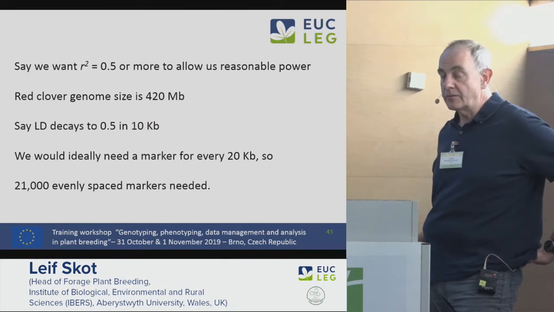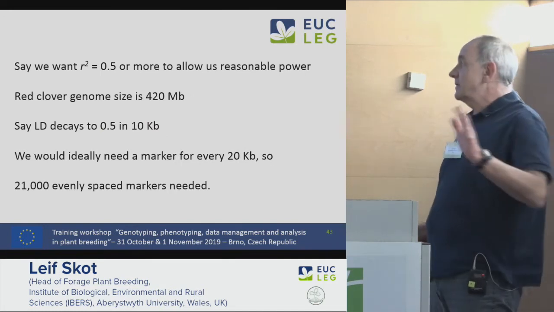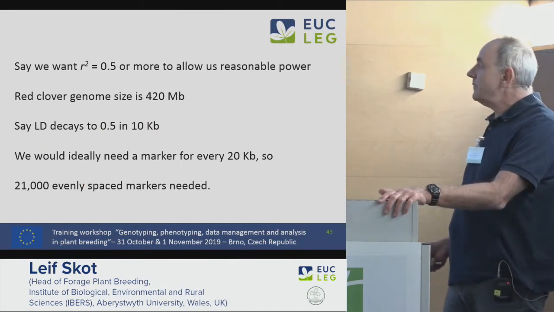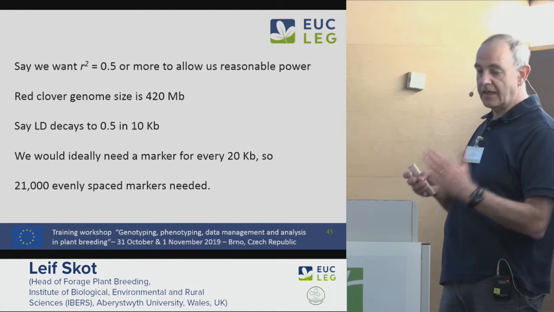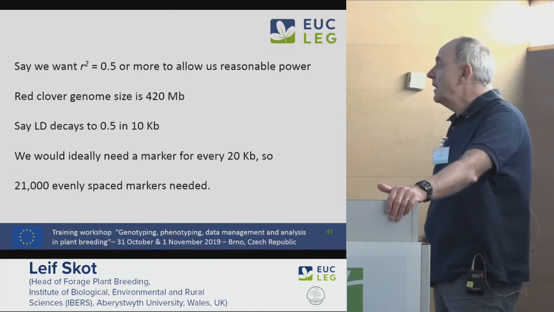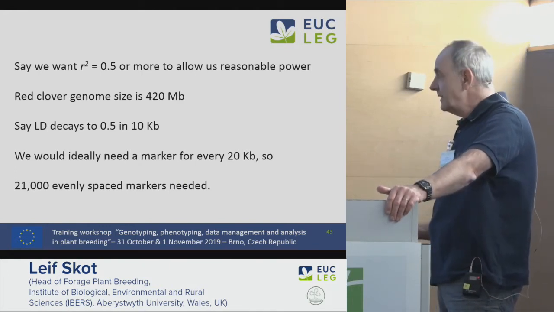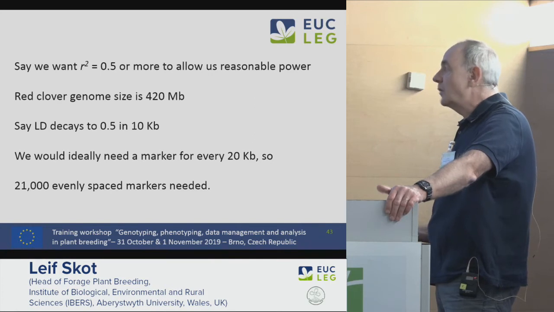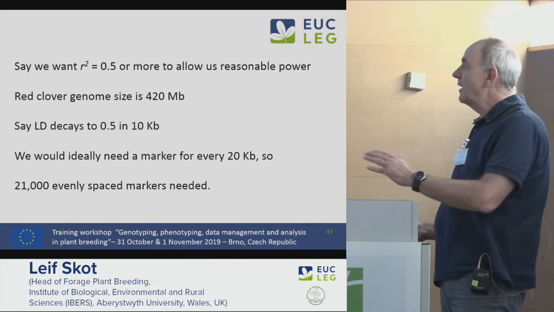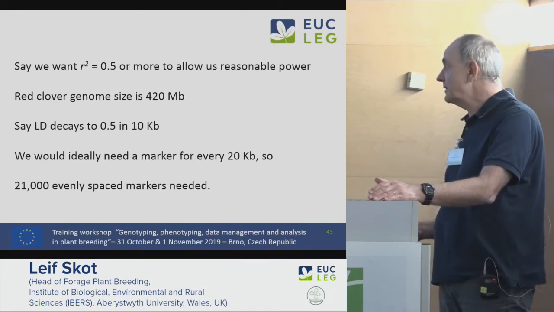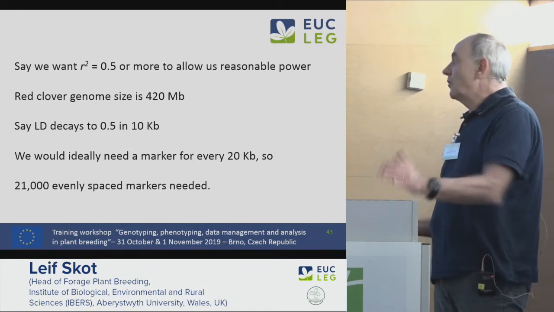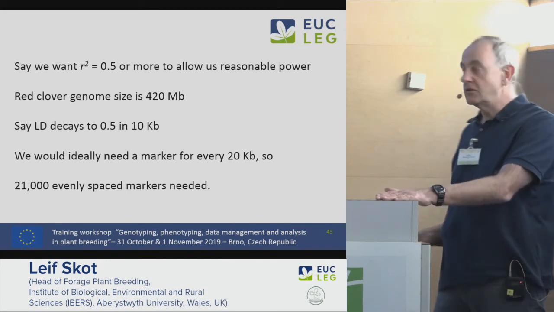I think that might be optimistic, but let's say that for argument's sake. We would ideally need a marker every 20 kb, because there are 10 kb to either side, so you would need 21,000 evenly spaced markers. That's a very theoretically based ballpark figure of the number of markers you might need.